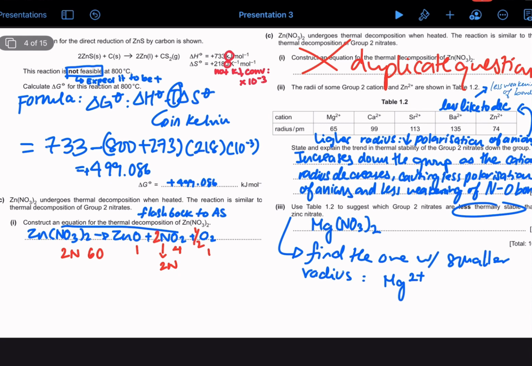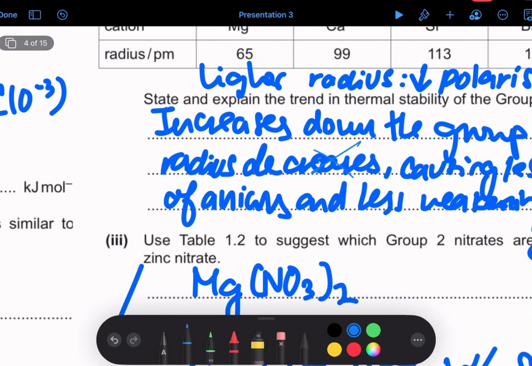Causing less polarization. The cation radius is not supposed to be decreasing, but it's supposed to be increasing. So we'll fix that mistake. It is actually supposed to be increasing. Alright.